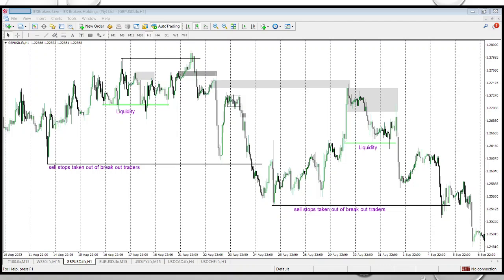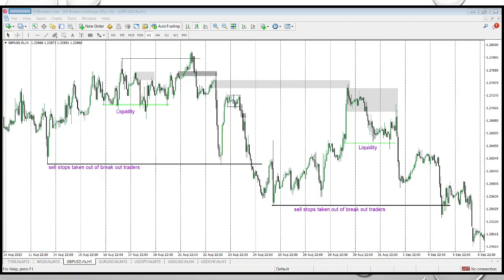But after the market started looking for sell opportunities, that's where we can clearly see that the money was actually made for the people that were selling the market, right? And below that, there were sell stops, where people that had pending orders for sales had their sell orders triggered, but the market decided to buy. And that buy was a correction into what we call an order block, the last up candle.